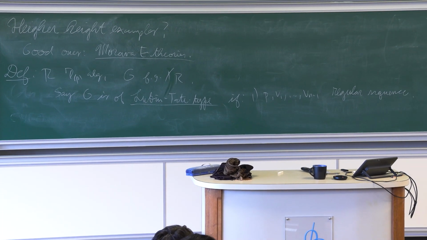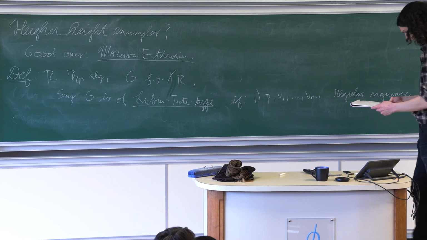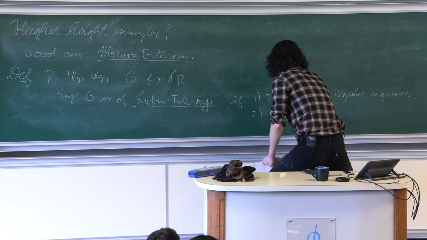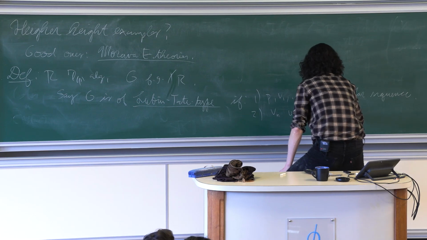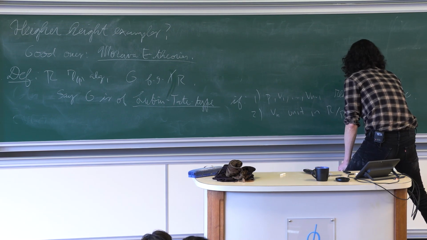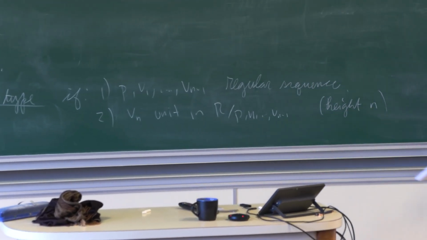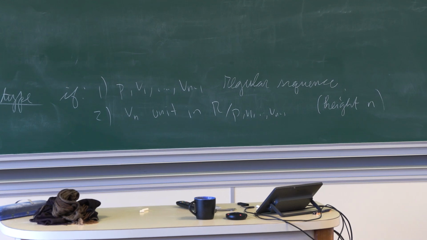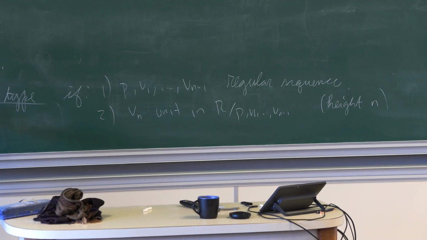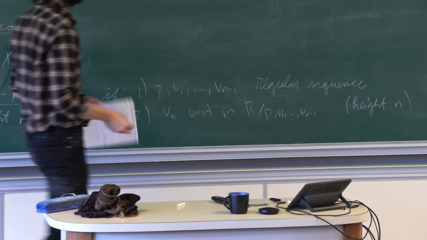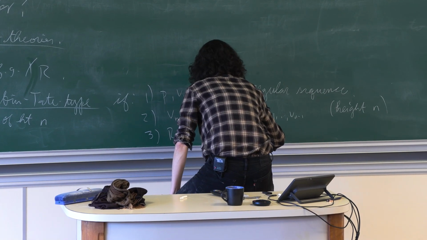That's nice for the purposes of modding out: it means naive modding out and derived modding out are the same. The second thing is that I want it to be height n, so Vn should be invertible, a unit in R mod (p, V1, ..., V_{n-1}). This is saying it's height n, at least once you can talk about Vn. The third condition will be that R is (p, V1, ..., V_{n-1})-complete.